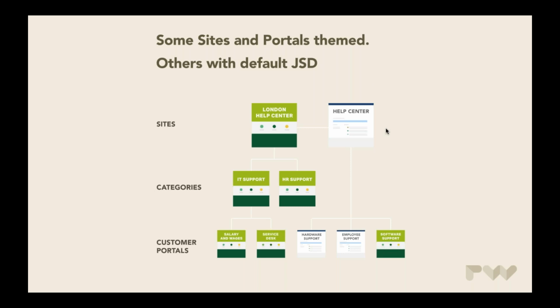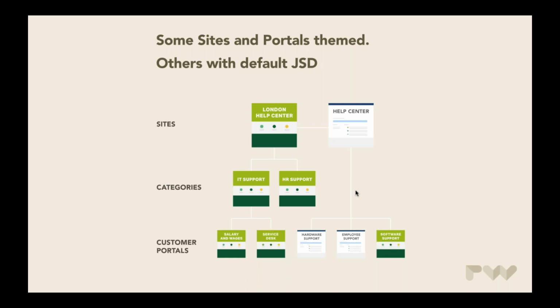And the way you would do this is you have your Jira Service Desk Help Center with the normal Jira Service Desk look. And then you add a site. And if you add a site, that site will always have our RefinedTheme look and feel. But here you can see we've added a site, and then we've themed the categories and the customer portals within that.